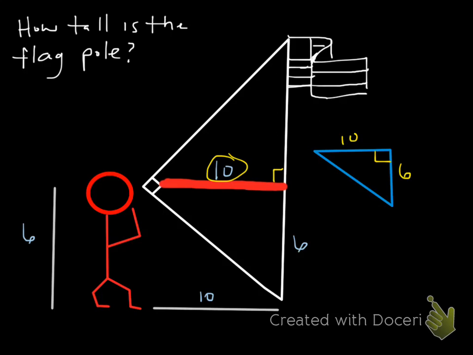Okay? Now I want this height right here, right? I want to go from here to here. And so that means at the very least, I need this side right here. So probably my best bet then is to go ahead and use this triangle here.